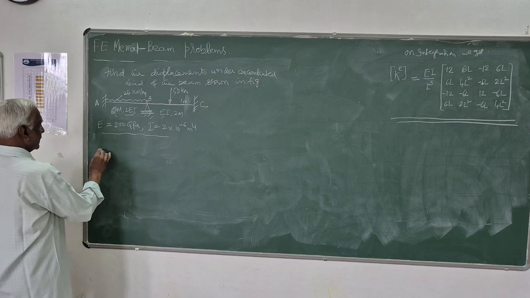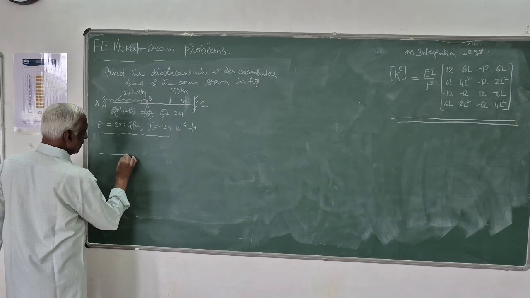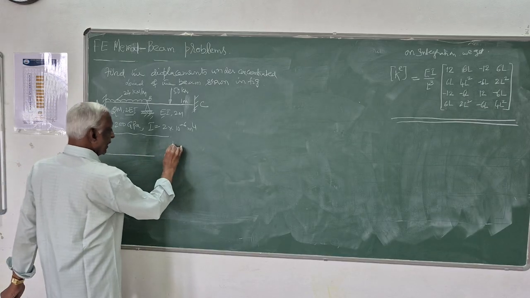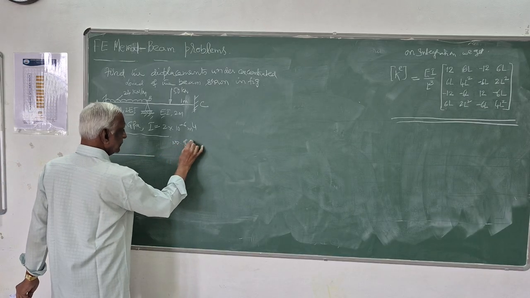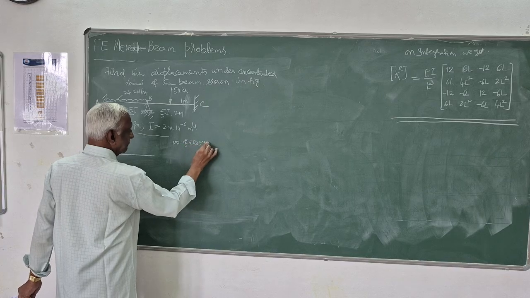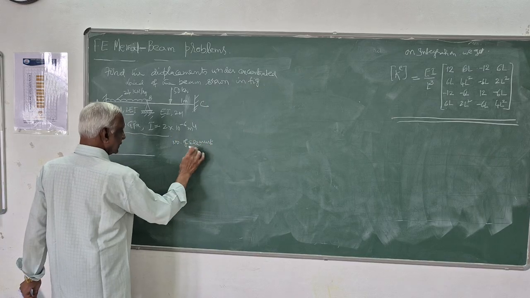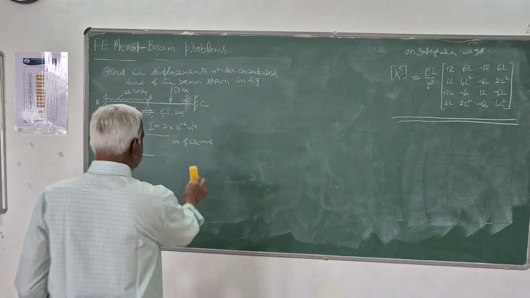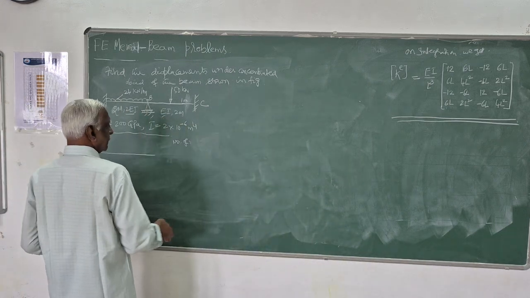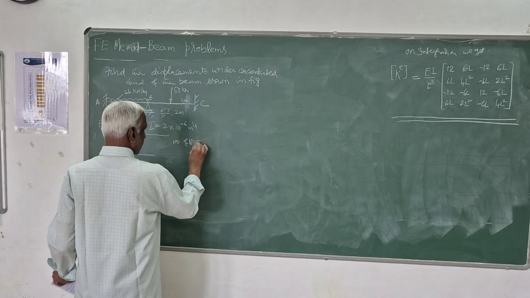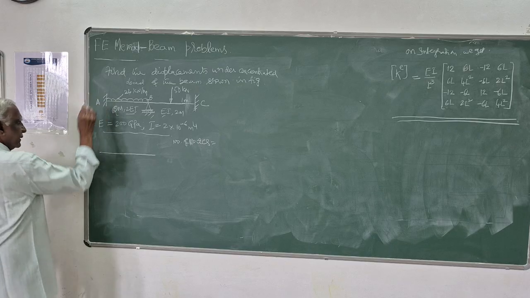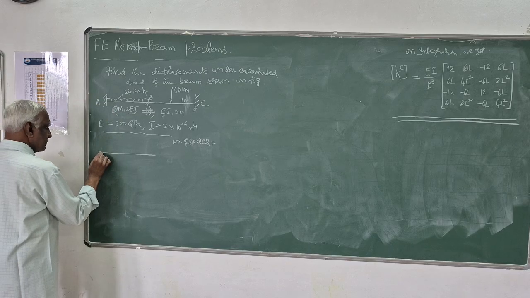So here, first, this is the beam element. First, the number of nodes, I will take it. Of course, there is a node here, its boundary.